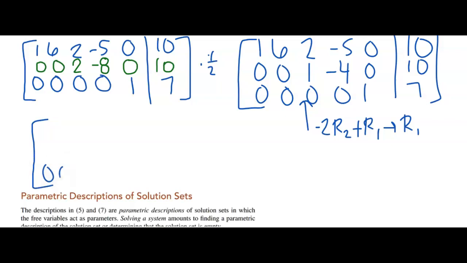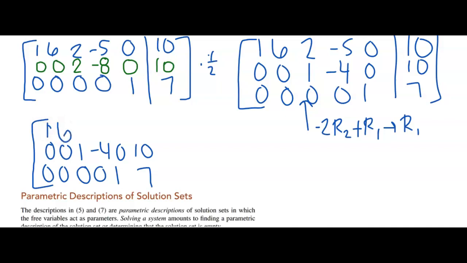All right, row 3, nothing happens. Row 2, nothing happens. And then I add that to row 1. Everything just stays the same as it is.